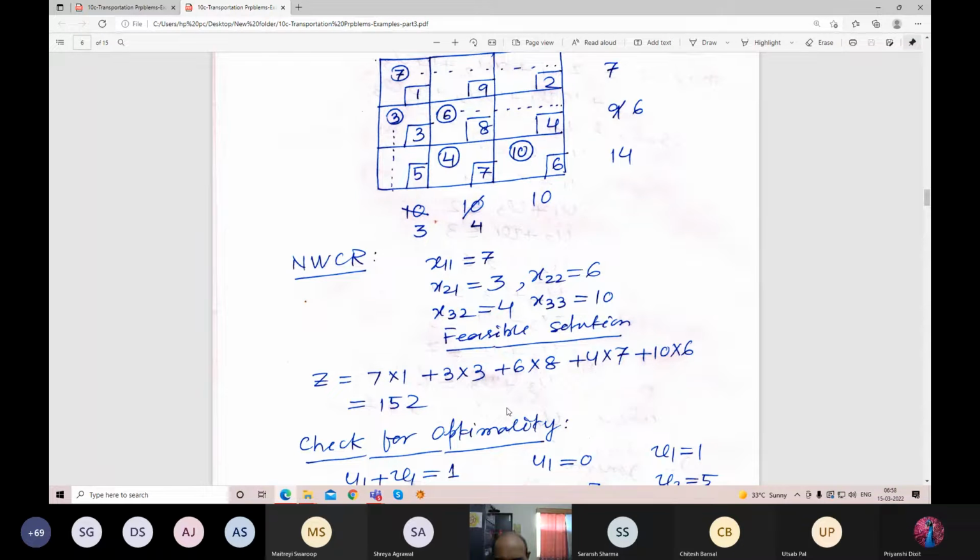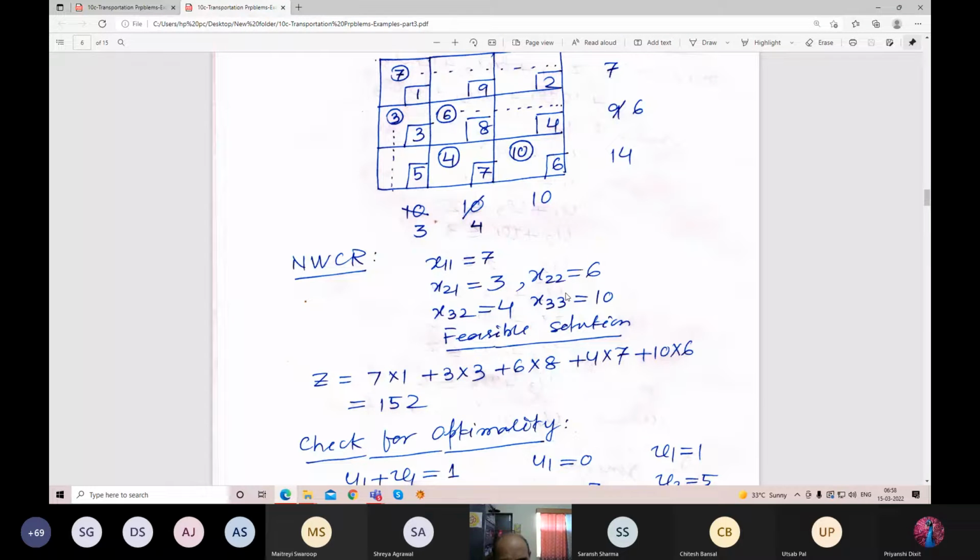So with respect to the cell and the cost, we are saying these are the variables we have obtained. This X11, X21, X22, X32, X33 is not yet the optimal solution. We have not checked whether it is optimal or not. It is the trial solution, a basic feasible solution, what we have got using phase 1. But this solution may not be optimal.